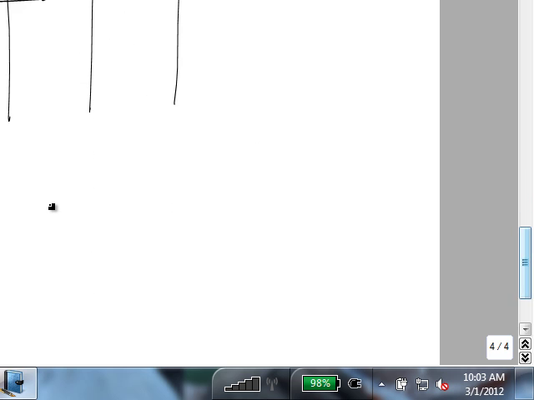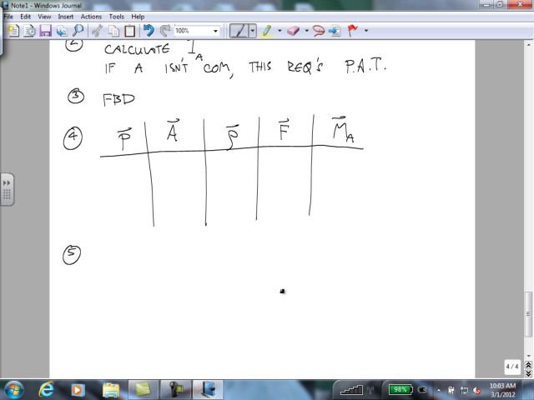Okay. Number 5. If A is a fixed point, skip this step. If A is the center of mass, though, you're going to use Newton's second law. So the net force is equal to the mass times the acceleration of the center of mass.